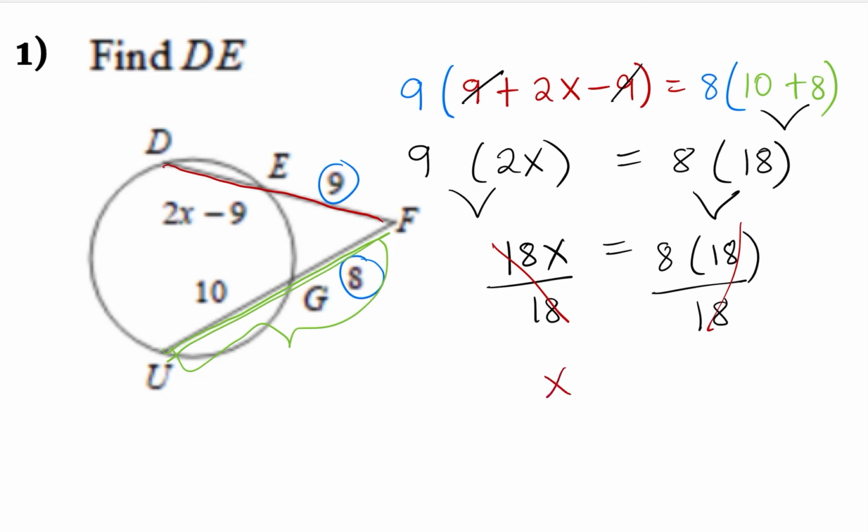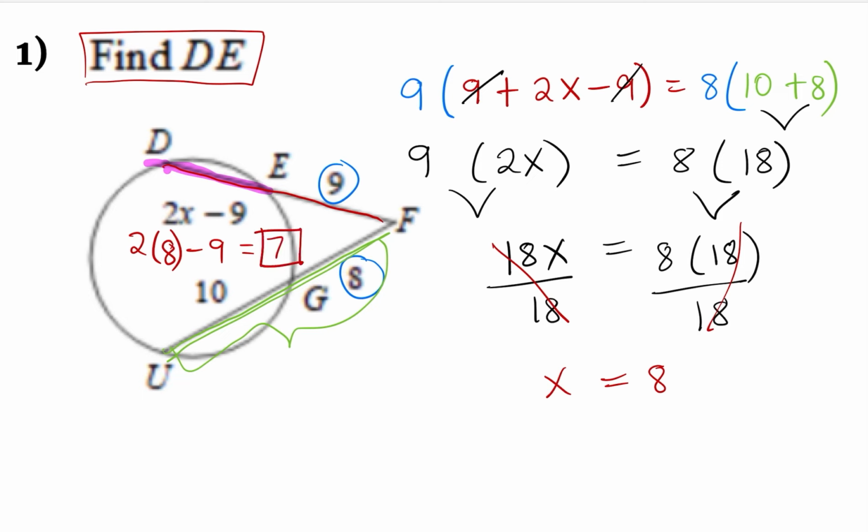So that will leave us with x equals 8. But the problem in here is we are asked to find DE, and DE in the problem is this part of the line. So we are going to substitute the value that we found. So 2 times 8 minus 9, that will give us 7. So this distance is equal to 7, DE is 7.